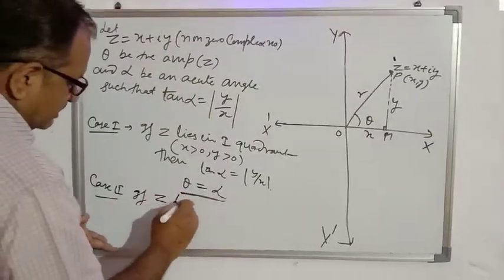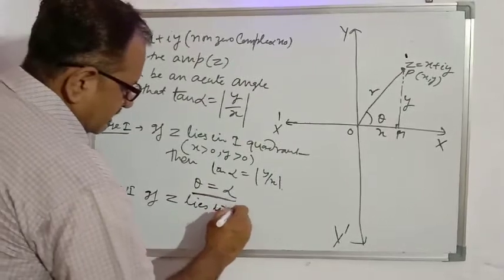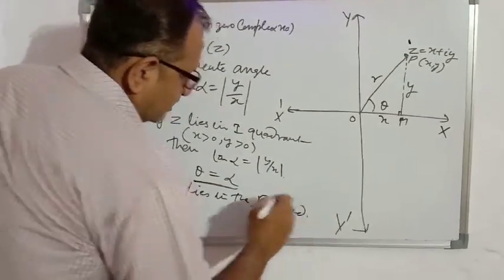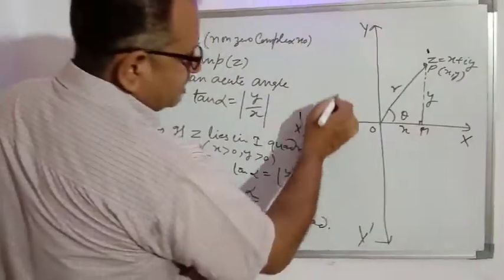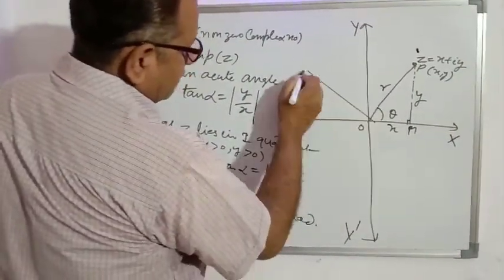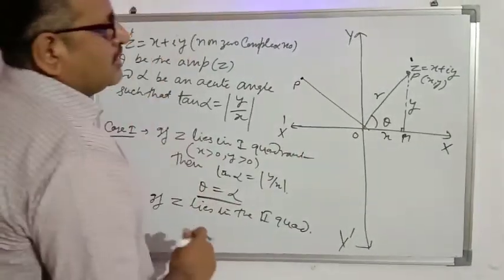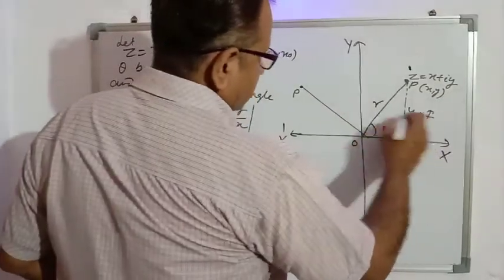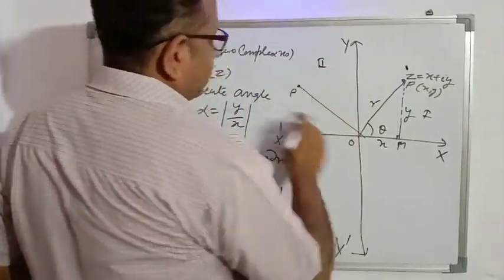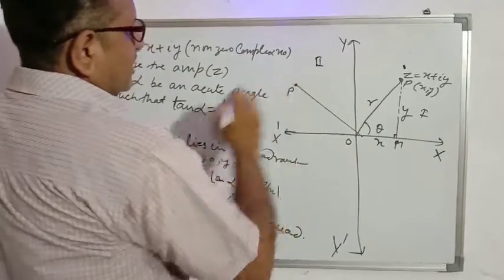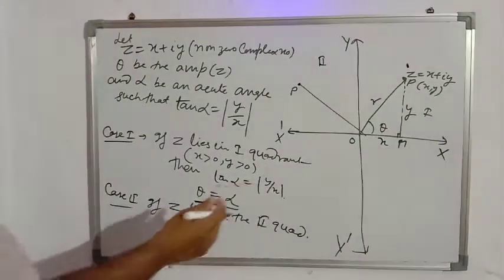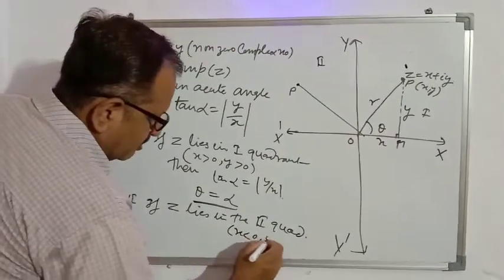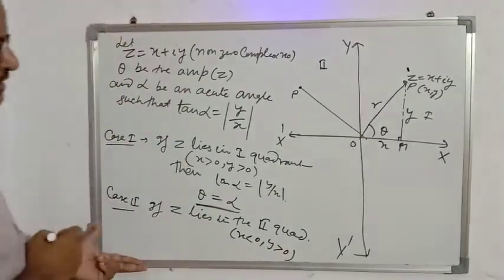Second, if z lies in the second quadrant, suppose P is here. So this is the second quadrant, where x is negative and y is positive: x less than 0, y greater than 0.